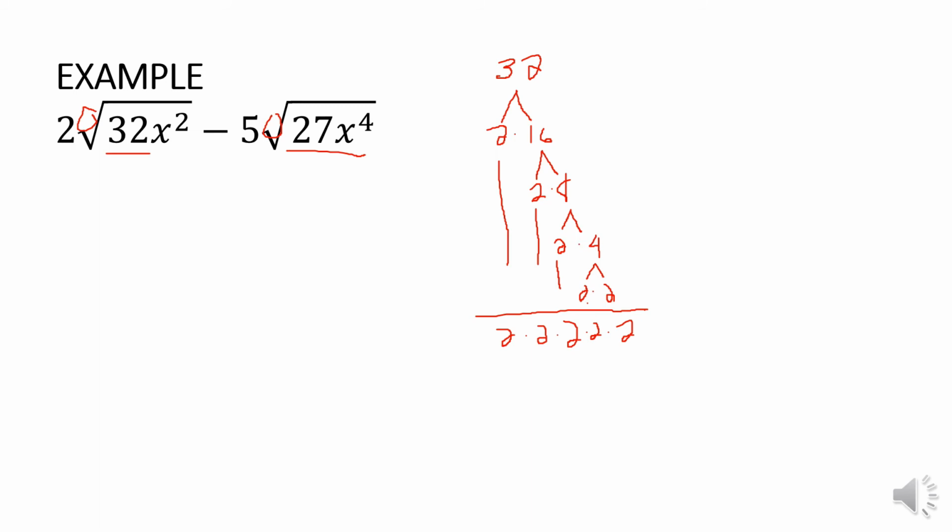So we have here 2 times 2 is a perfect square number, and 2 times 2 also is a perfect square number. So we have 4 and 4. So 4 times 4 is 16. So 16 is a perfect square number.